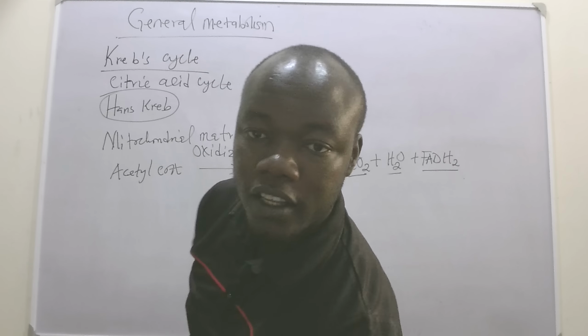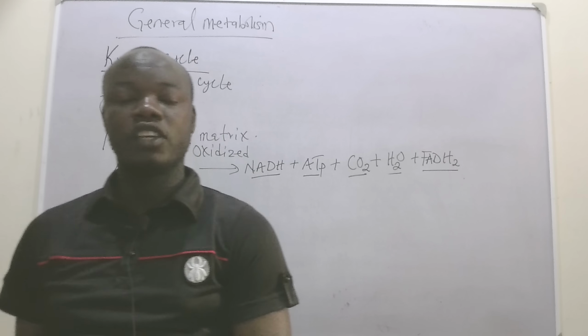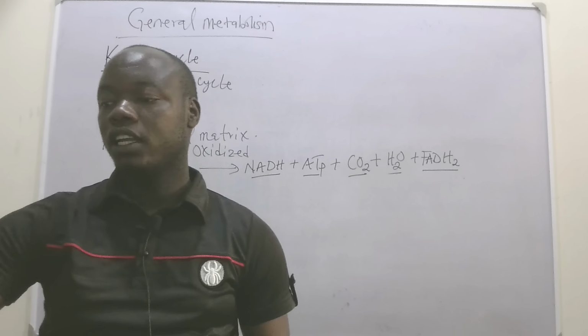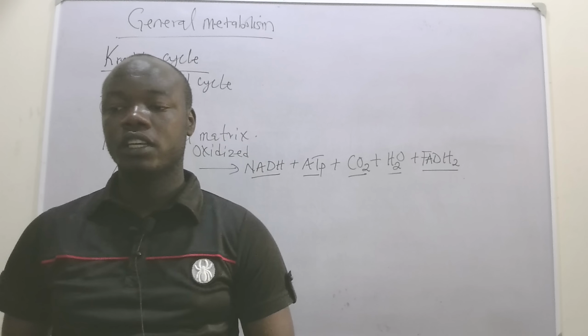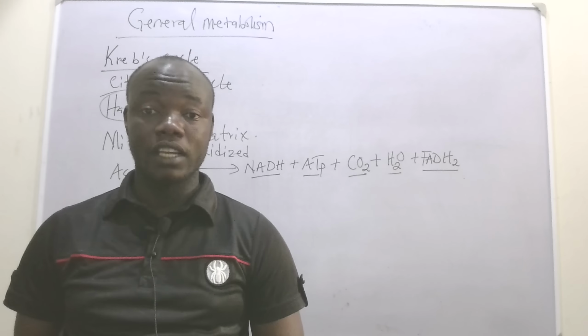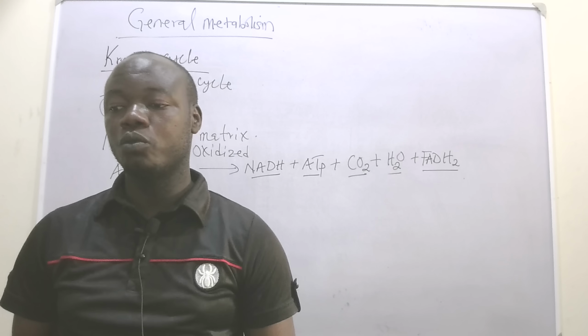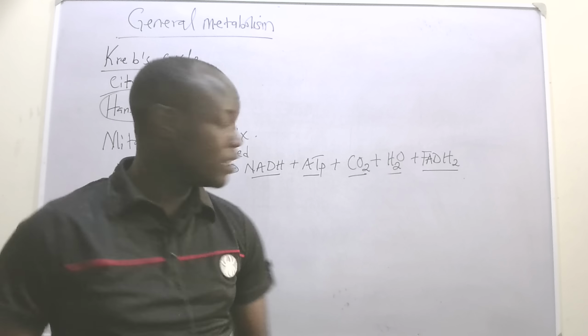But very importantly, ladies and gentlemen, the citric acid cycle usually utilizes one molecule of glucose, because we need to understand that.